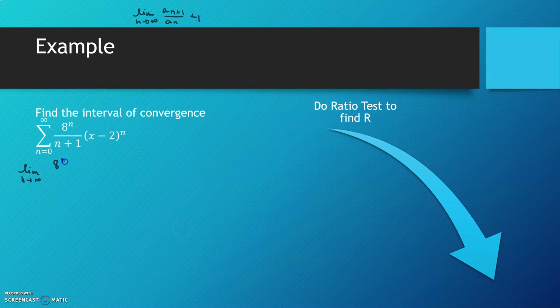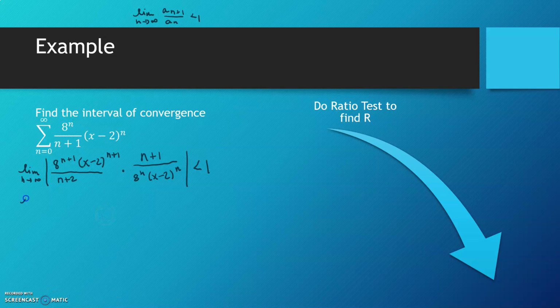So it's going to be 8 to the n plus 1 over n plus 2, and then in the numerator we'd have (x minus 2) to the n plus 1. Now we're going to multiply by the reciprocal so that we can divide. So our reciprocal would be n plus 1 over 8 to the n times (x minus 2) to the n. And that limit has to be less than 1 in order for this thing to converge.